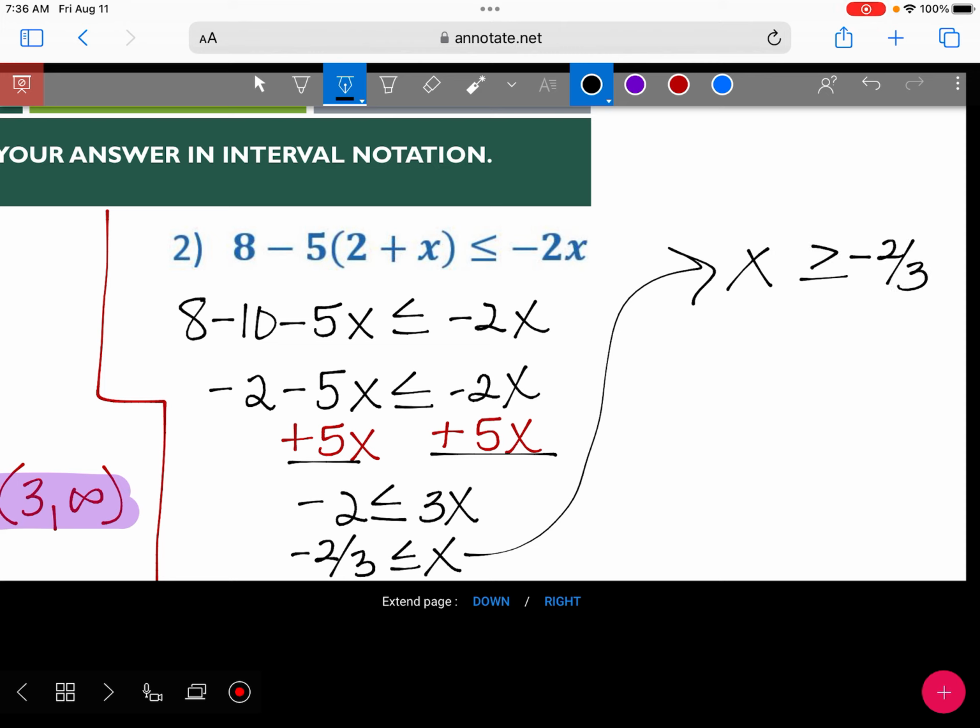Because if negative 2/3 is less than or equal to x, that means x is greater than or equal to negative 2/3. So when you write your interval, it's going to have a bracket on the negative 2/3. So negative 2/3 is the smallest number in the interval. And it's going towards positive infinity because it is greater than.